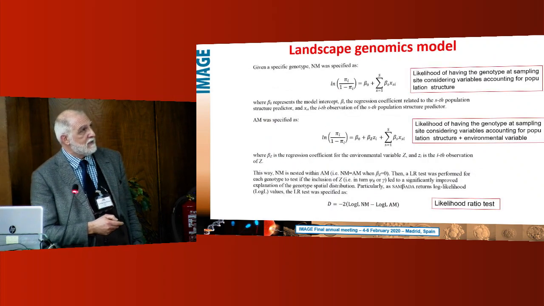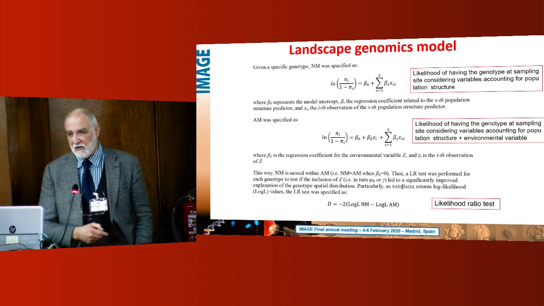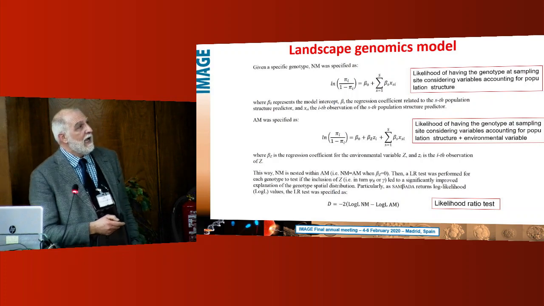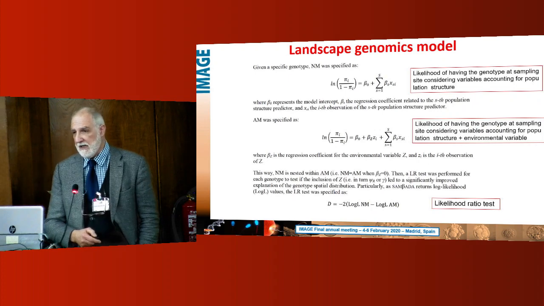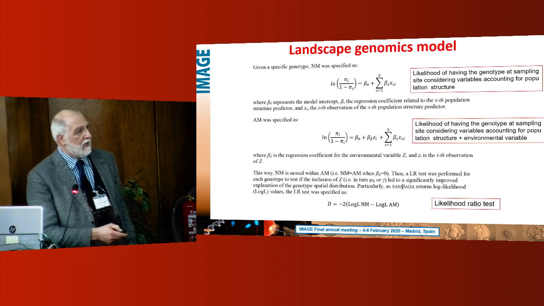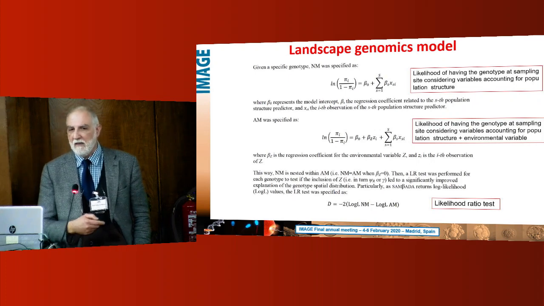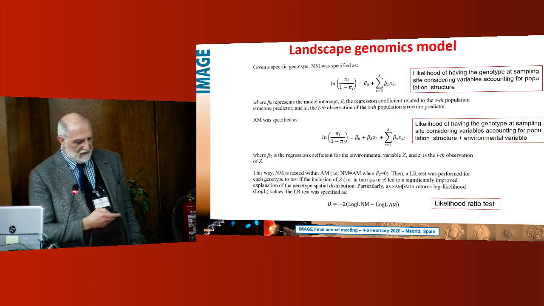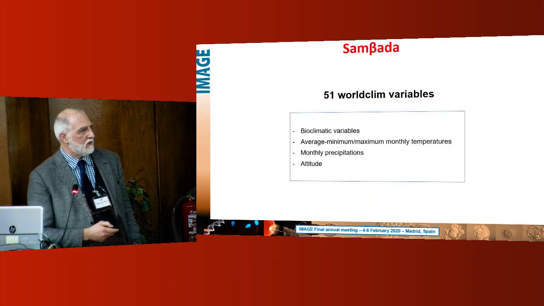So the model is this: the likelihood of having the genotype in the sampling site, considering the variables that account for population structure, so the scores of the principal component analysis, basically, and the same likelihood in which the environmental variable is also added. And then there is a likelihood ratio test. Has the environmental variable contributed something? If so, there will be a significant likelihood ratio test.